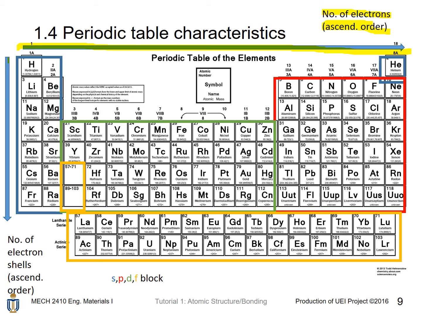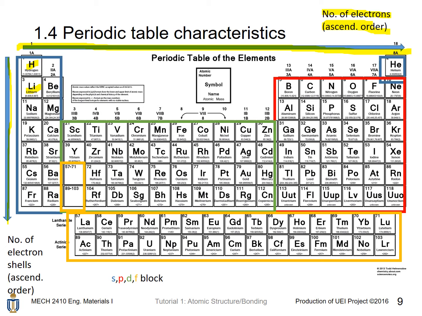Going down a group, from the uppermost to the lowest point, the electron shells are in ascending order, which means the atoms become bigger and bigger. For example, hydrogen has only one electron shell, lithium has two, and so on.